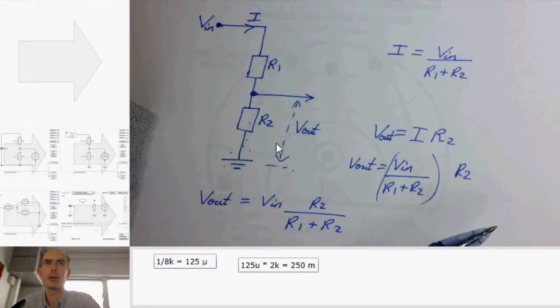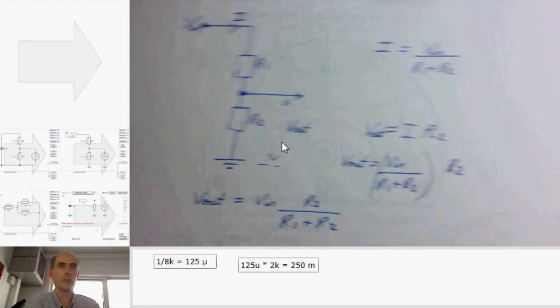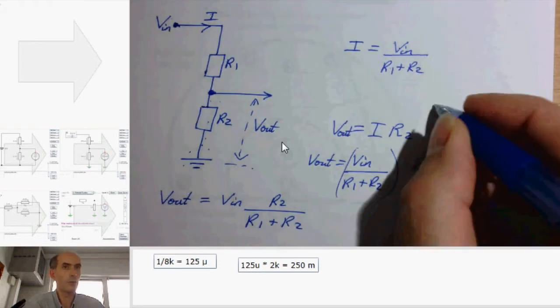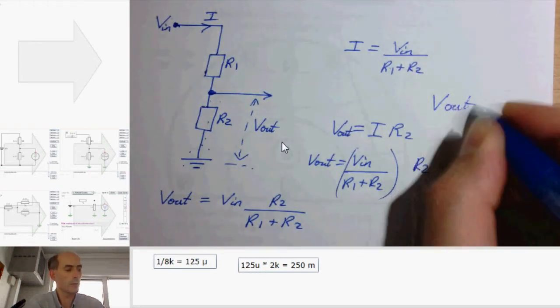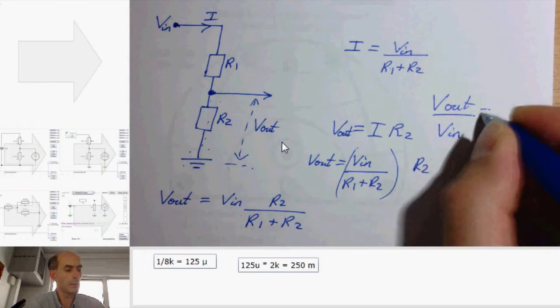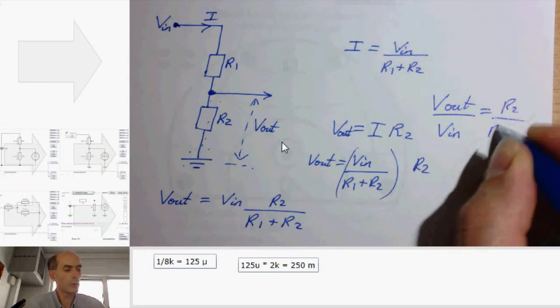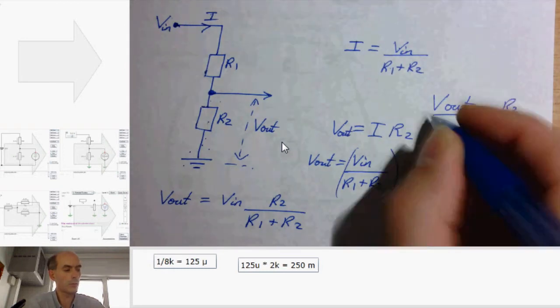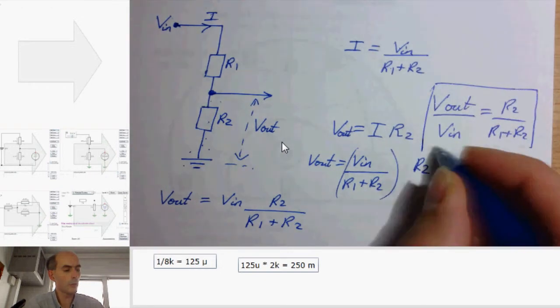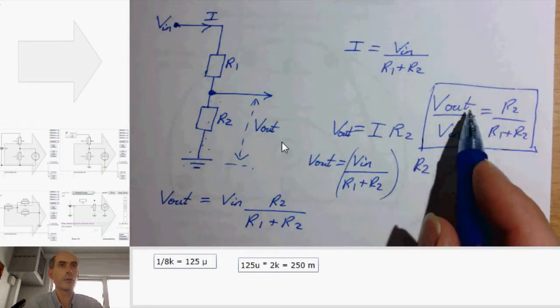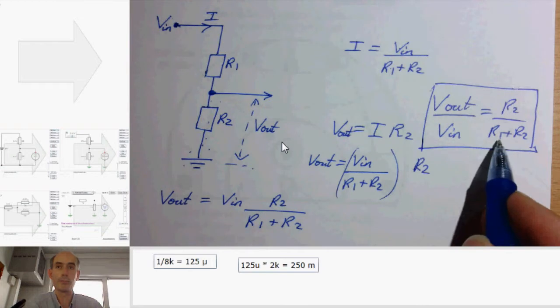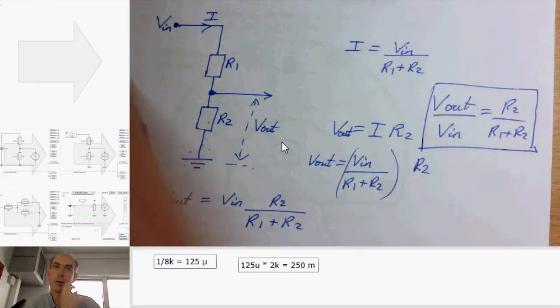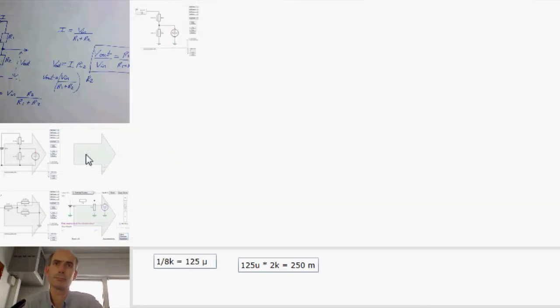We go back to here, write this formula in a slightly different way. We could see that V out divided by V in was R2 over R1 plus R2. So the ratio of V out to V in is constant, always R2 over R1 plus R2.